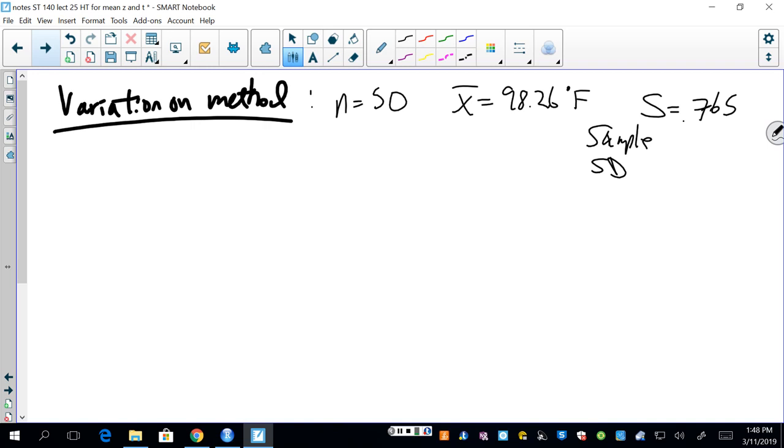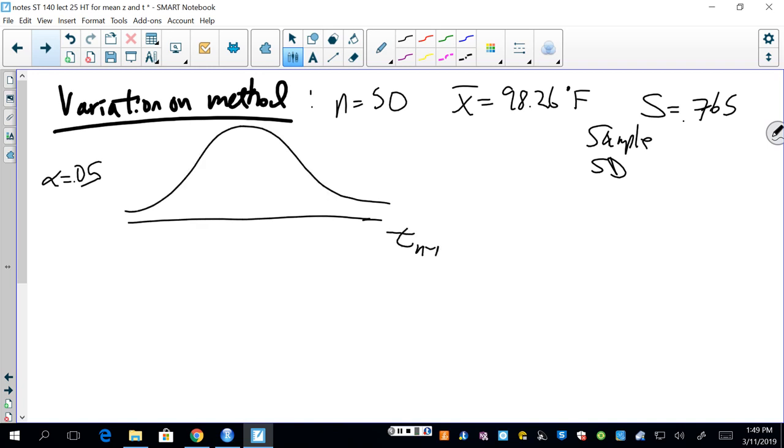So say still this alpha significance level 0.05. We're not going to look at a normal distribution anymore when we're dealing with means. We're going to look at a t distribution with n minus 1 degrees of freedom, or 49 degrees of freedom.